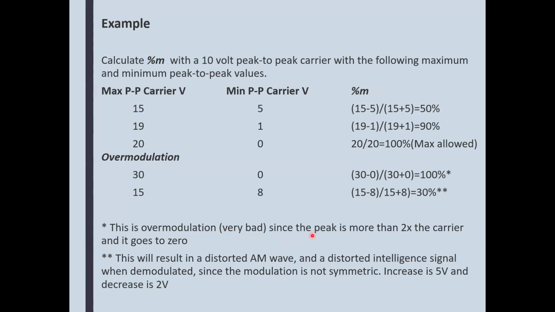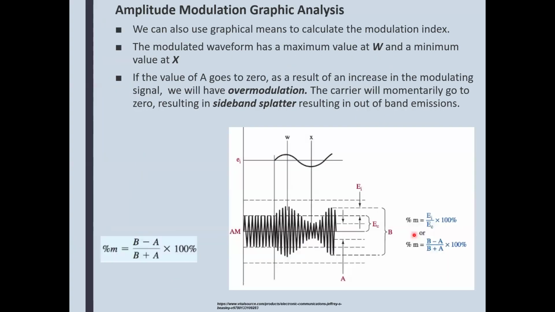Since the peak is more than twice the carrier, we go further than we are allowed to. Further than the circuitry is going to let us through, which means if there's a sine wave, it's going to get clipped here. If there were no limiters on the final stage, we would overmodulate and create some problems with Industry Canada.